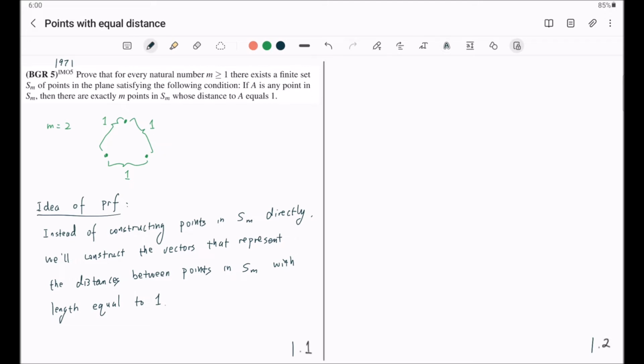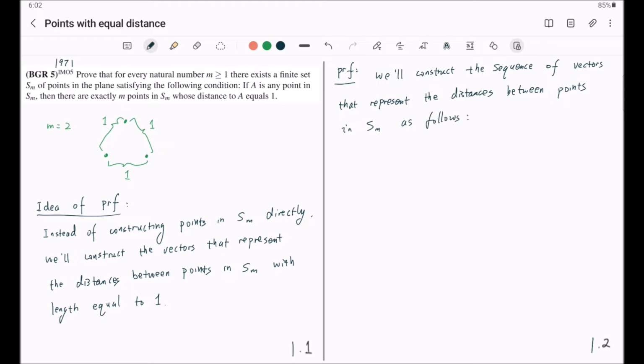And here are the details of the proof. We'll construct the sequence of vectors that represents distance equal to 1 as follows. We're going to write this as a claim.